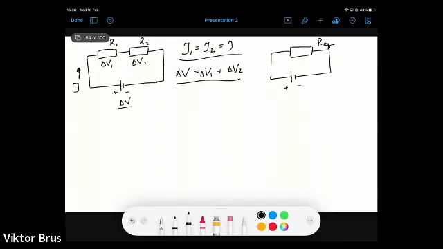It is possible, and in order to figure out how to calculate this equivalent resistor, we need to recall that the voltage drop delta V1 will be equal to I times R1, and delta V2 is equal to I times R2.